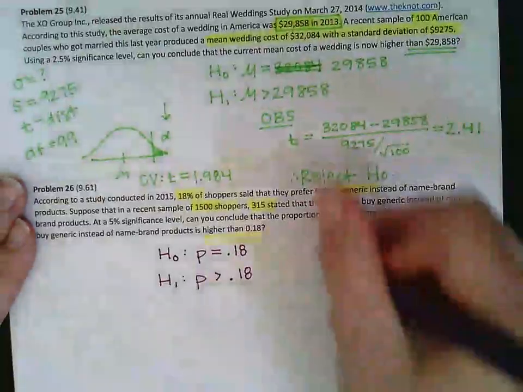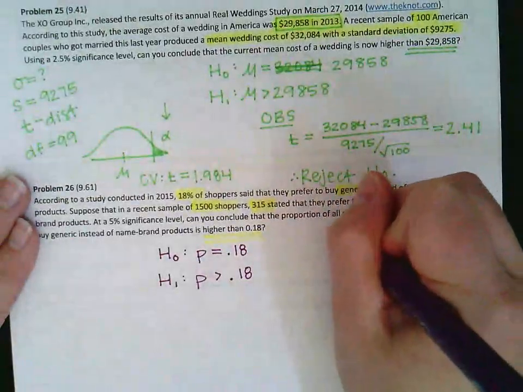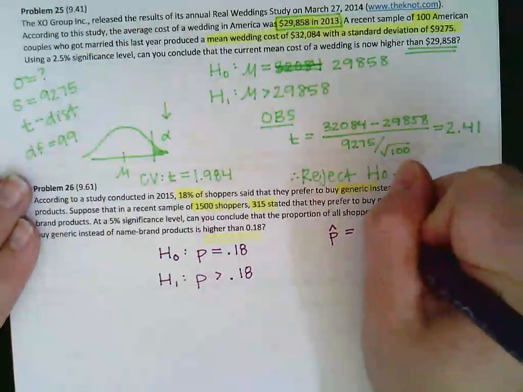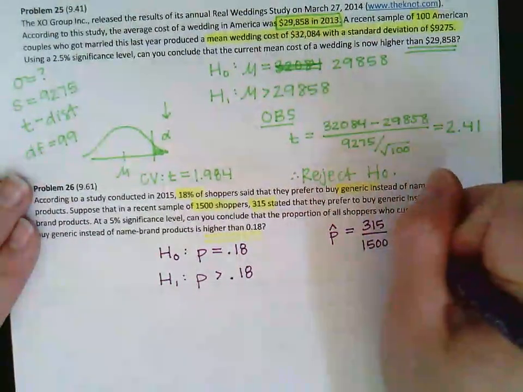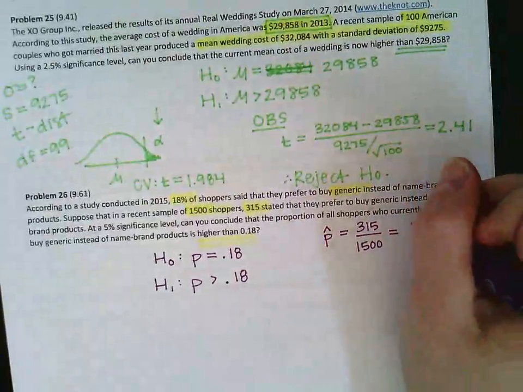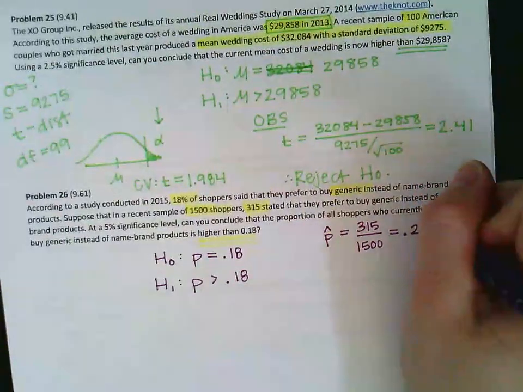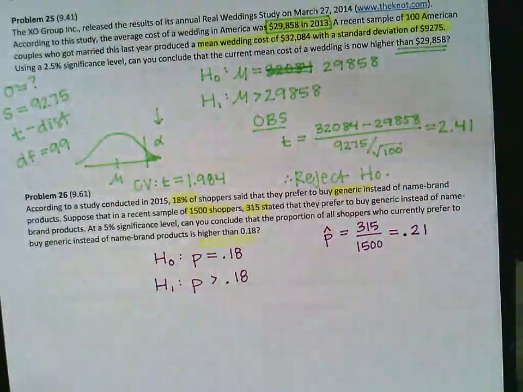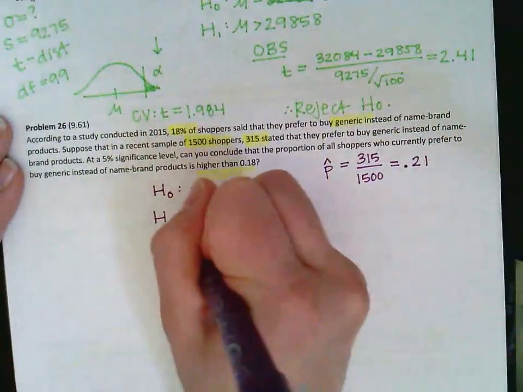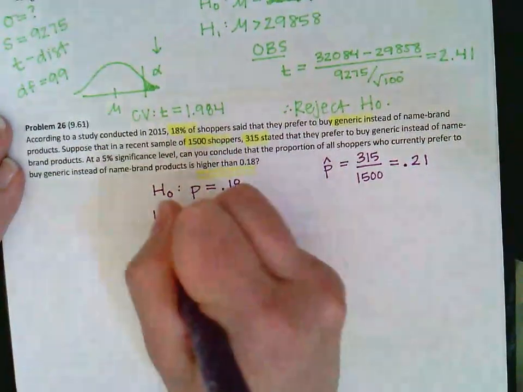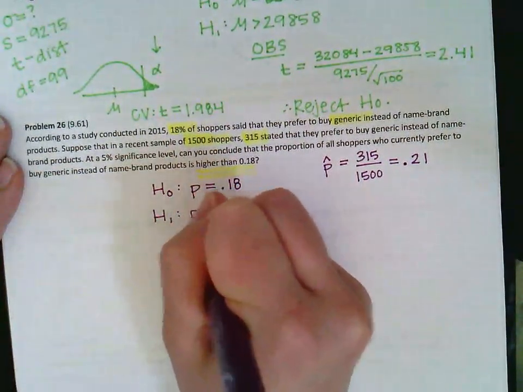It gave me some sample information: 315 out of 1,500 gives me 0.21. And so you might think, oh yeah, 21% is higher than 18%, but is it significantly higher, right? That's the question. So I'm going to use an alpha level of 0.05, and this is a right-tailed test.